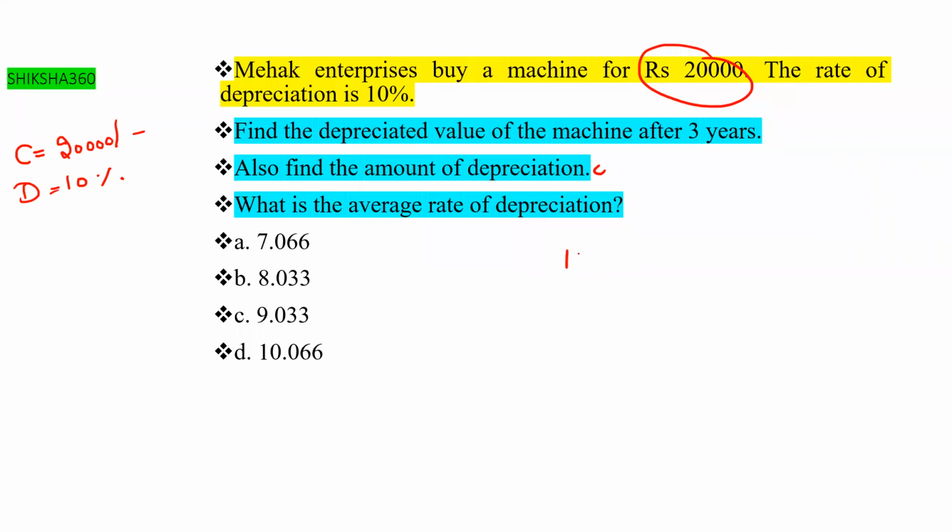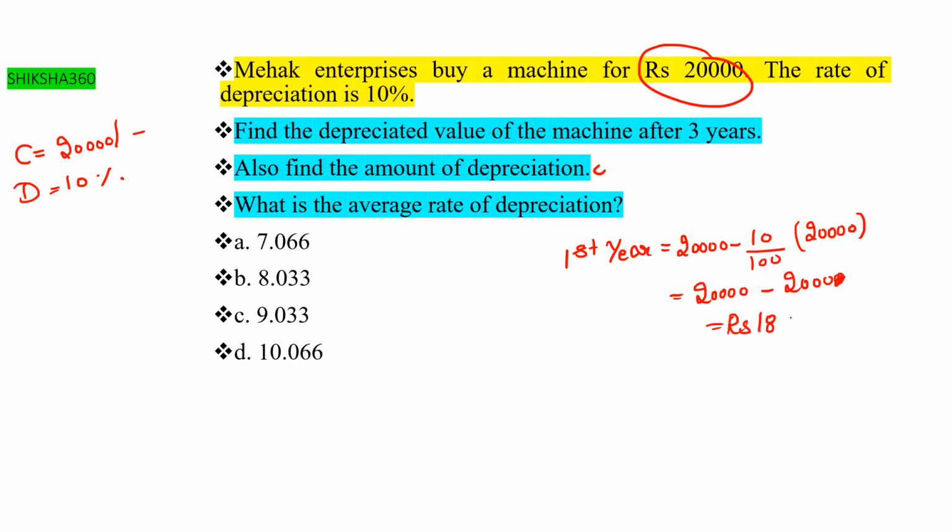First year, how much depreciation? 10%, so 20,000 minus 10% of 20,000. If you are good in percentages, you can directly know that is 2,000. So 20,000 minus 2,000 is 18,000, the amount after the first year.